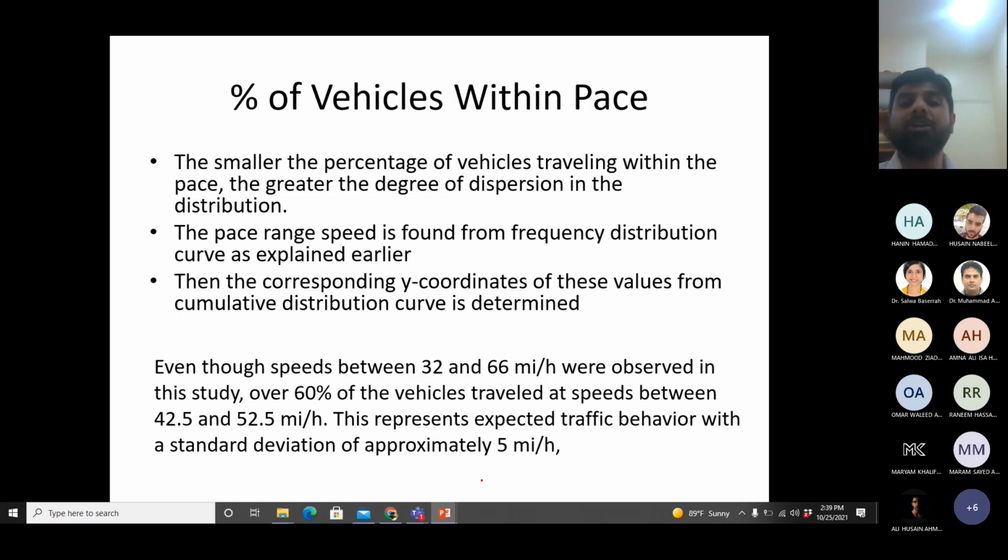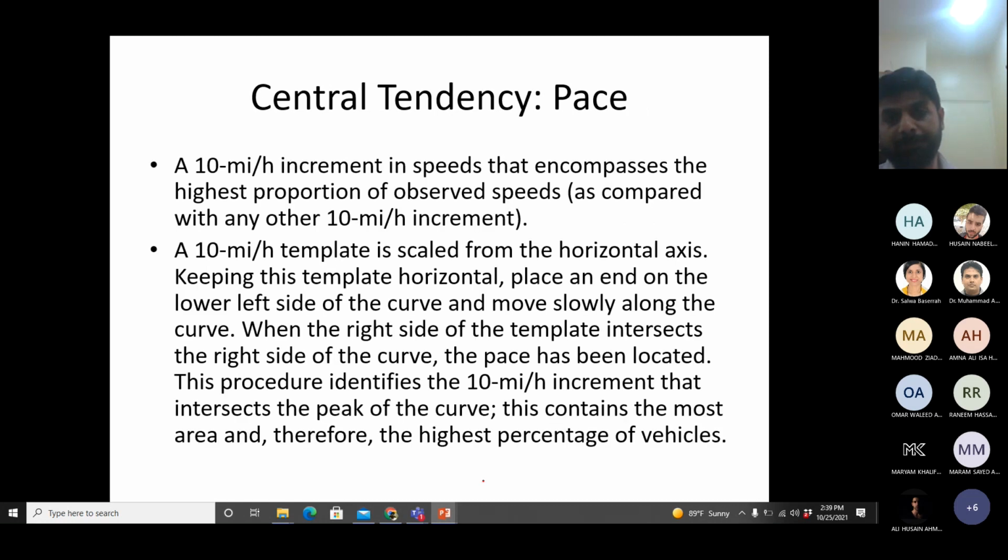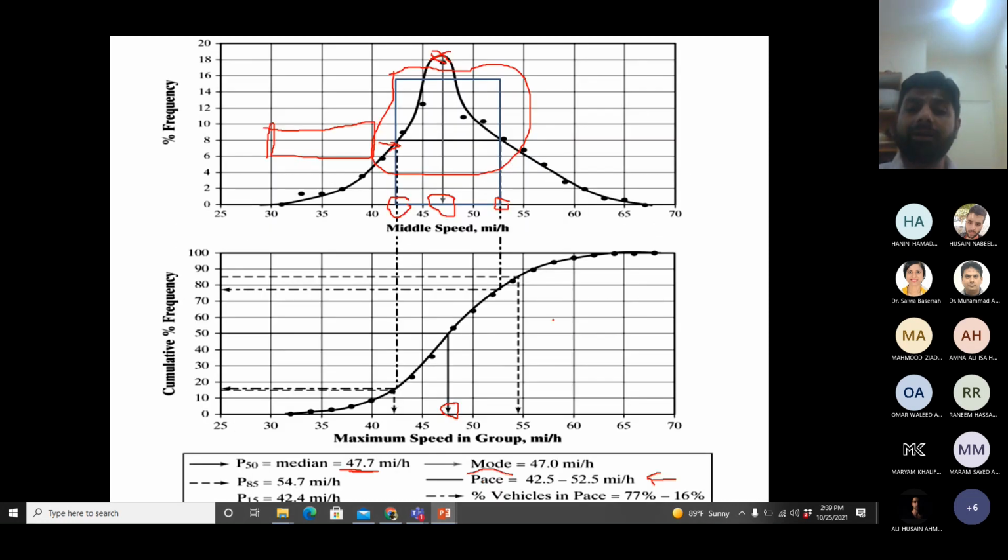What is the exact percentage of drivers driving between 42.5 and 52.5? That value is a measure of dispersion, and now I'll explain how to get that percentage. It will be taken from the cumulative frequency distribution curve.